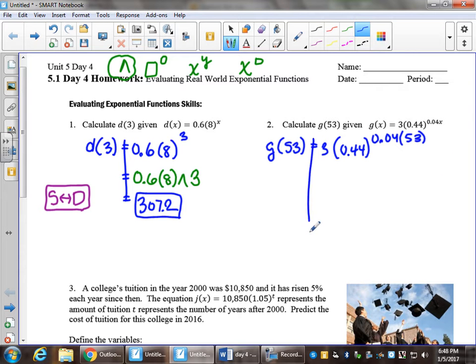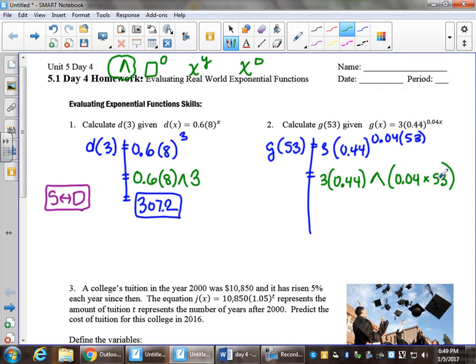In our calculators, that's going to be 3 parentheses 0.44 caret, or whatever equivalent button you have to that on your calculator. I have to group this together. 0.04 times 53 has to be inside parentheses for your calculator to understand what you're asking it to do.